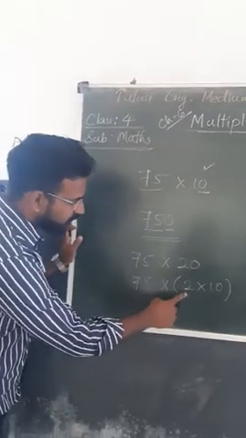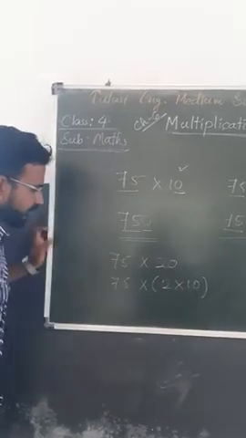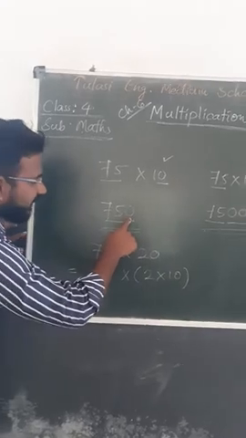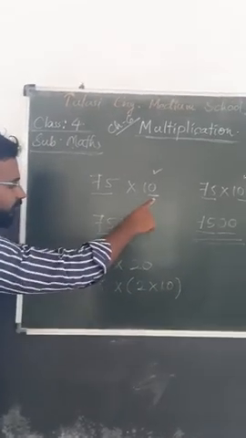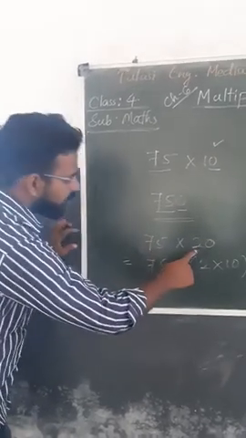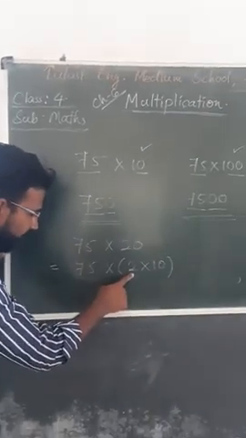So here directly we can write a 0 to the right side of that number. But here you have to multiply by 2 first.